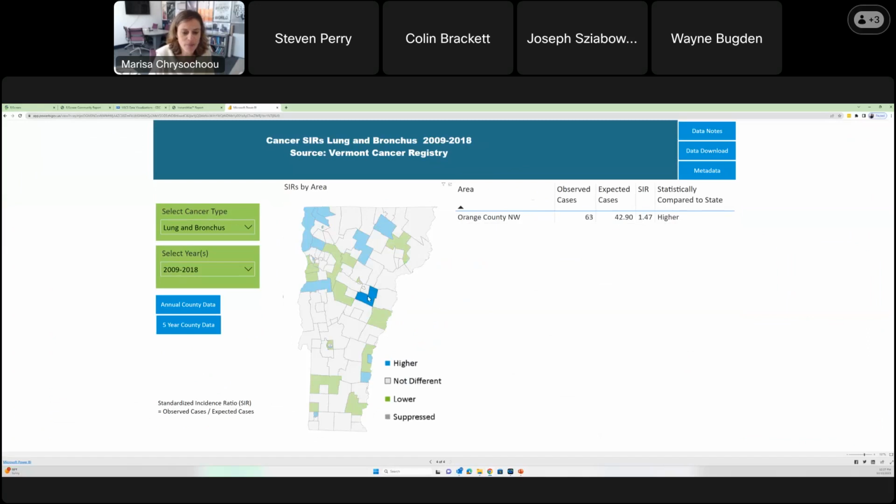For example, I can tell here that Orange County has higher incidence compared to the state average. It gives you some numbers here. This county, East, also has higher. Anything that's highlighted in blue from the state of Vermont is an area where you can say that you have higher than average cancer rates compared to the state.